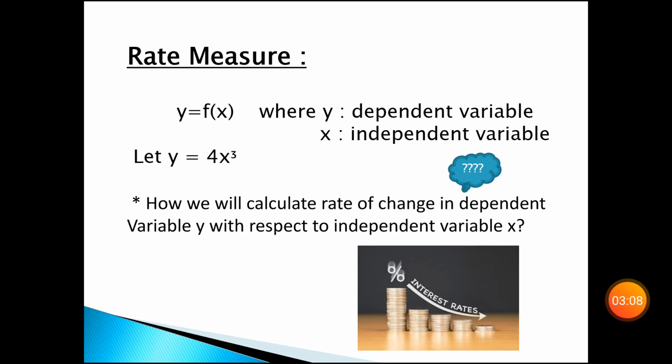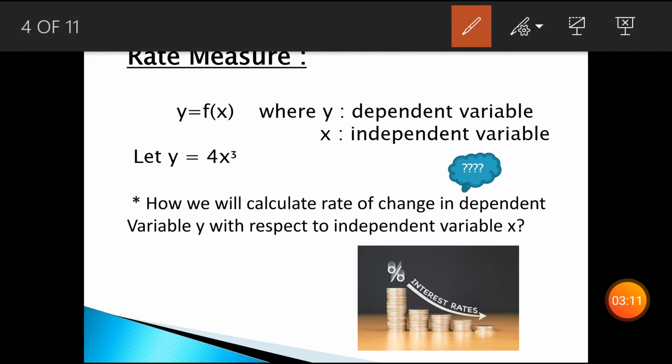Rate measure: suppose y is a function, y equals f(x), where x is an independent variable and y is a dependent variable. Suppose y equals 4x cube, and the question is how we will calculate the rate of change in the dependent variable y with respect to the independent variable x.